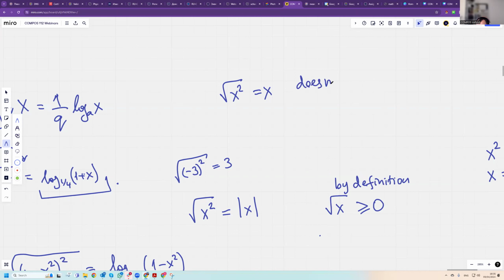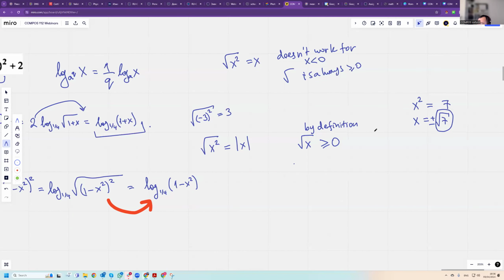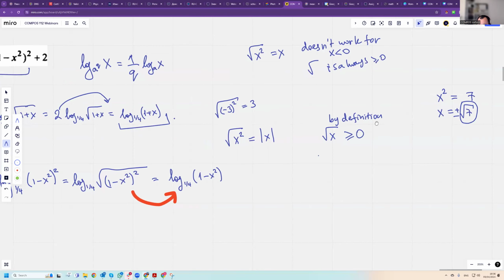It doesn't work for x less than 0, because a square root cannot be negative. Square root is always greater than or equal to 0. Is that making sense, or is it still confusing?